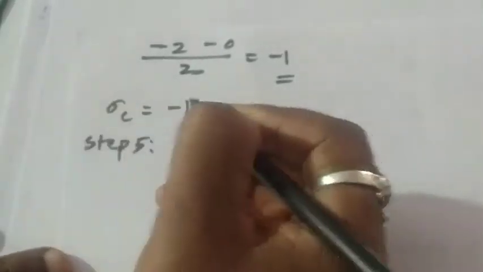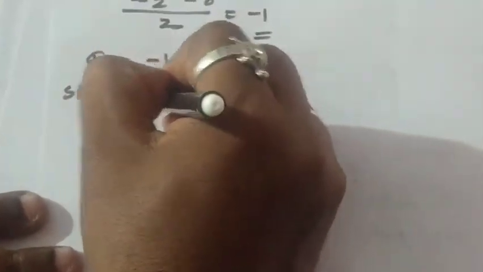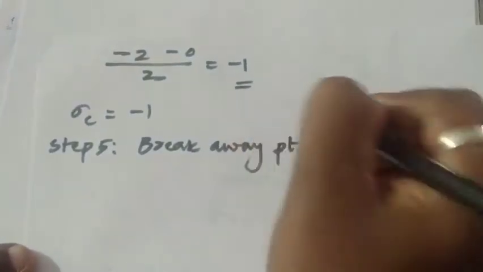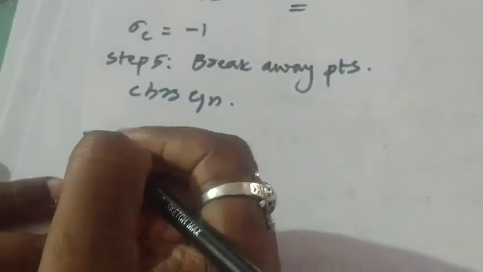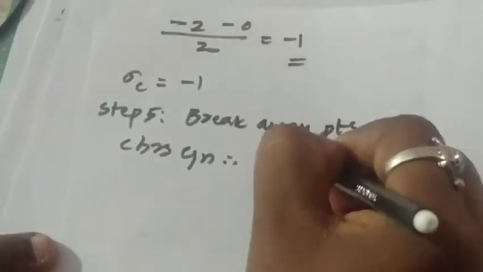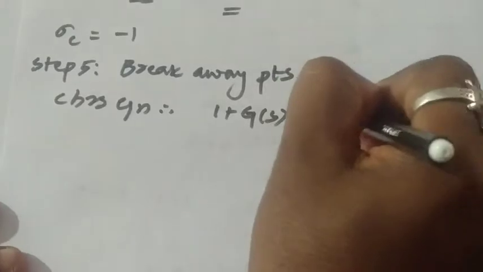Next is step 5, the breakaway point. To get the breakaway point, you consider the characteristic equation, 1 plus G of s H of s equal to 0.